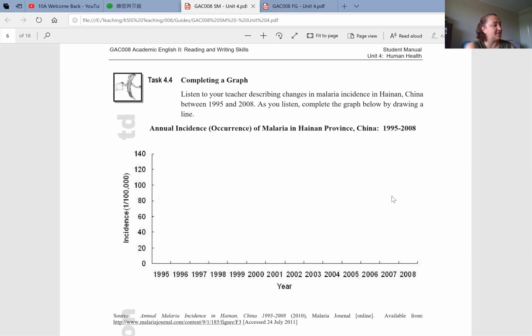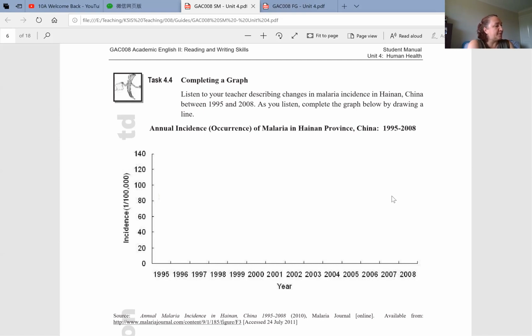In 1998, malaria incidence rose abruptly to 75,000 before decreasing again to 35,000 cases in 1999.